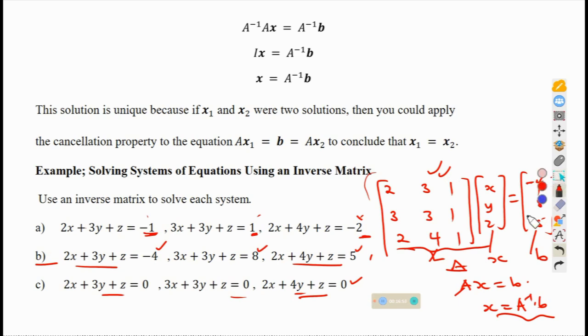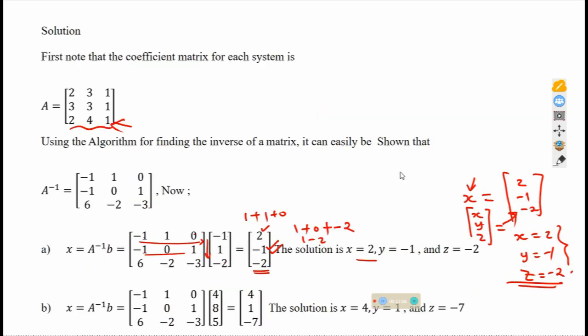So, from there, we shall simply have this. What we are having here is the same inverse matrix because A is the same for part A, B, and C. So you will simply get your A inverse times B. Now your B is 4, 8, and 5.